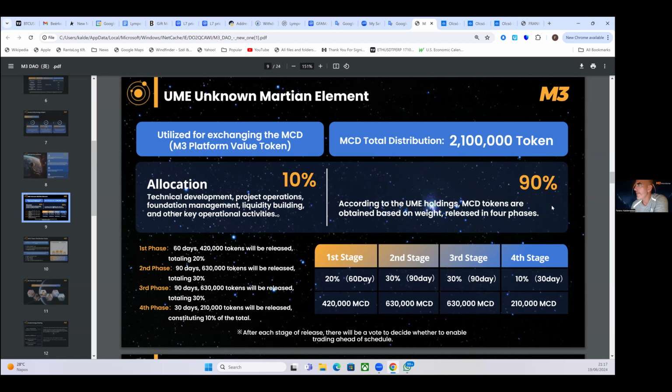Basically, within this 90 months, we're going to distribute 90% of the tokens, which is 1.89 million. If you only calculate on an average base, like 1 million members with 1.89 million tokens, we have less than 2 tokens per member.